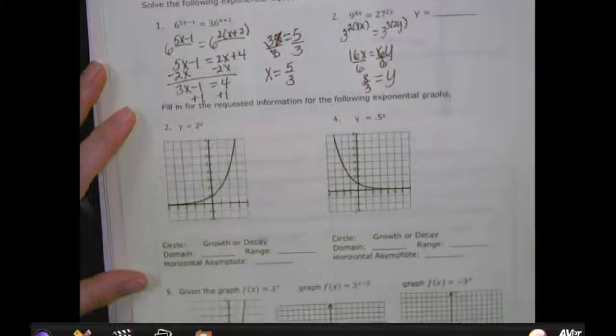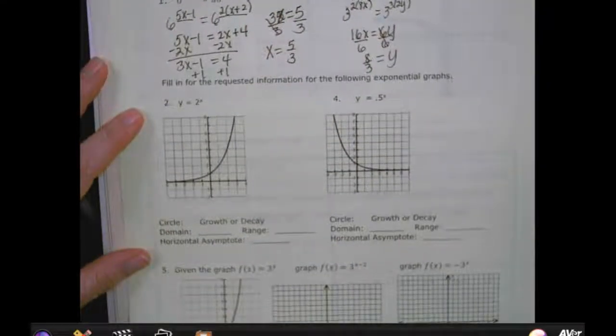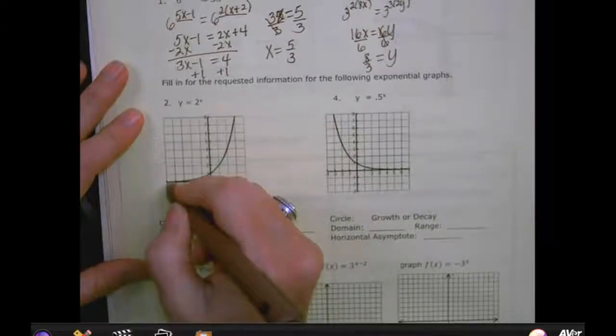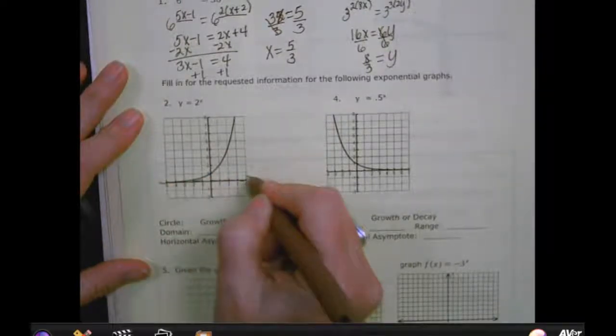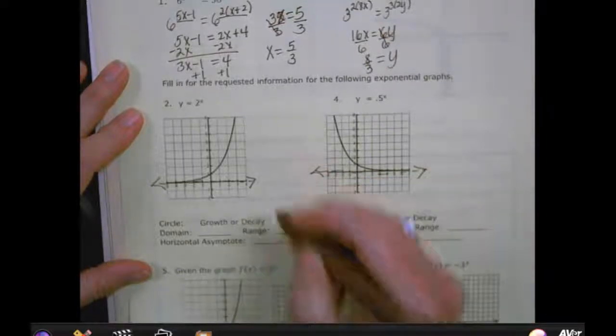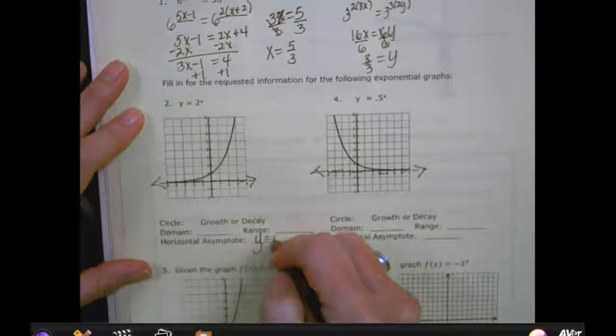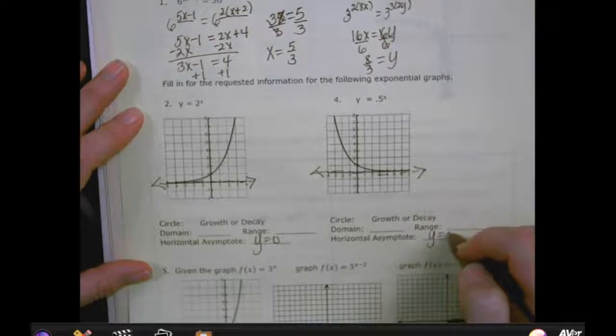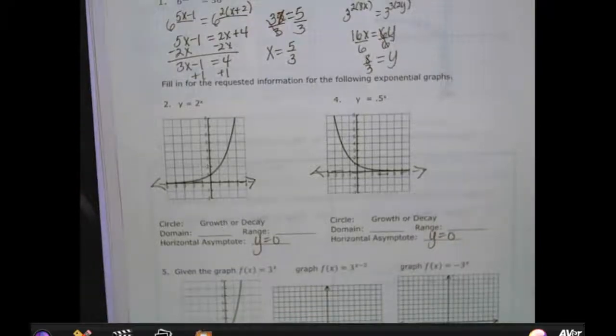Okay. So where's the asymptotes on 2 and 4 here? So the horizontal asymptotes are always at y equals 0. Bless you.